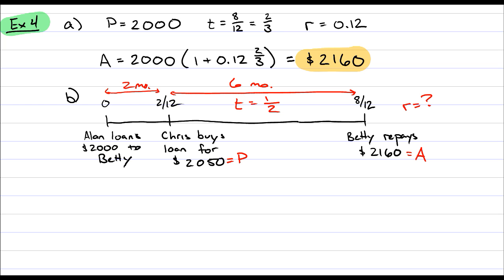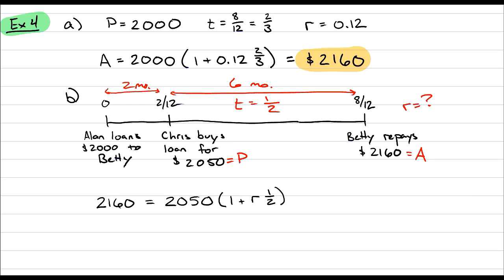A, the accumulated value, is $2,160. The original amount that Chris invested was $2,050. 1 plus R is what we want to solve for, times 1/2.